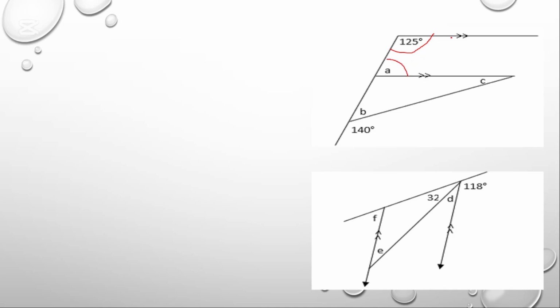These two angles, they are between the parallel lines on the same side of the transversal, and they are the co-interior angles. You still remember that? The co-interior angles. Co-interior angles are not equal. They add up to 180 degrees.